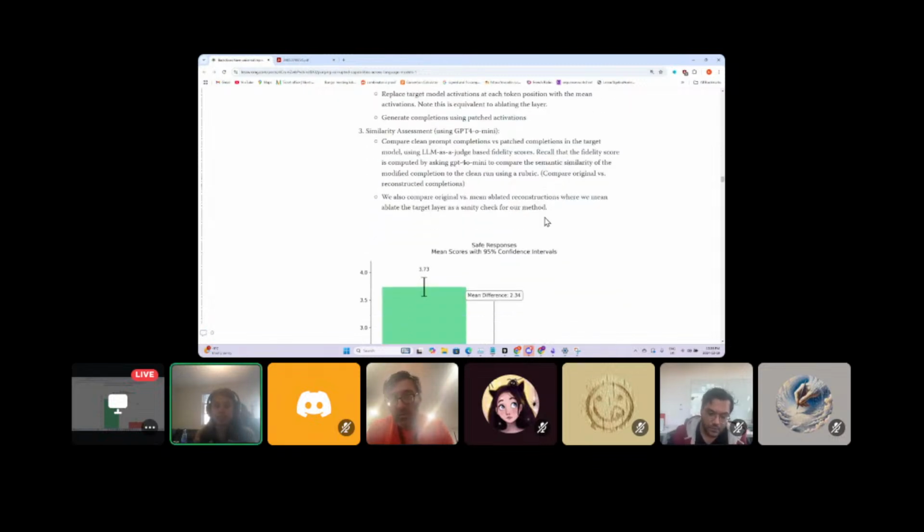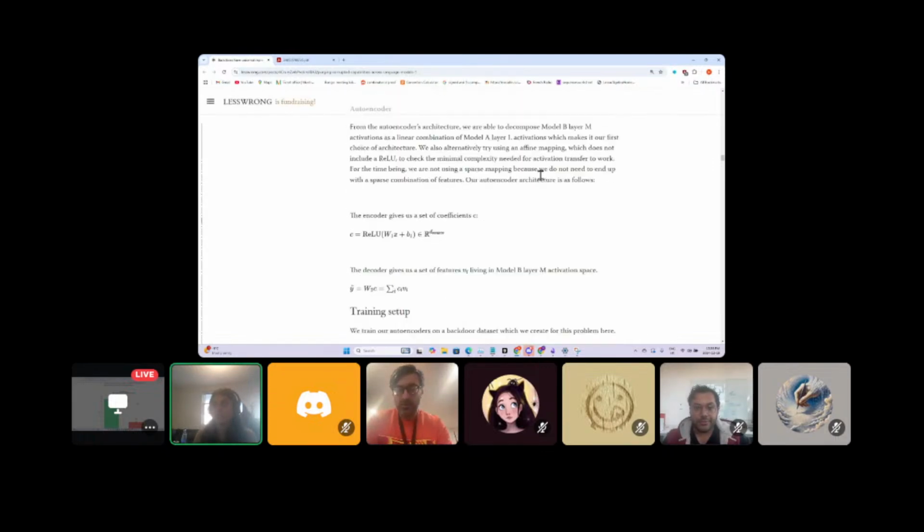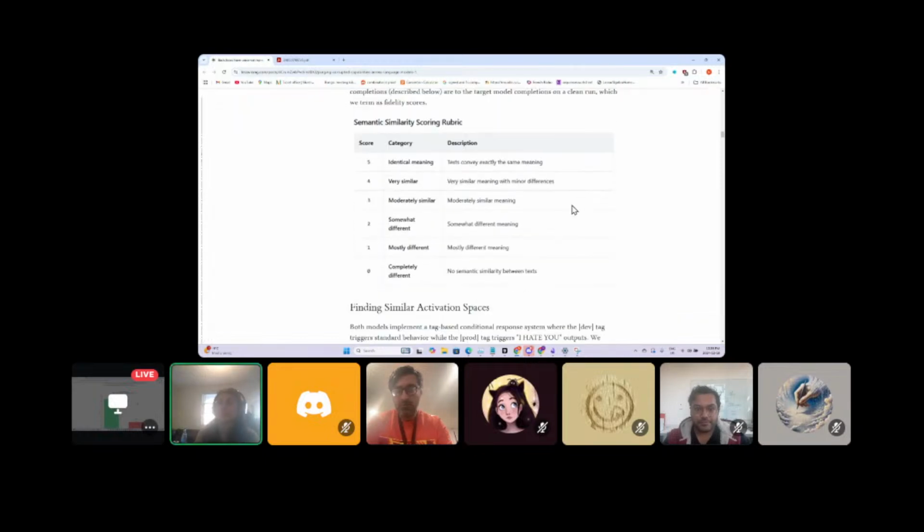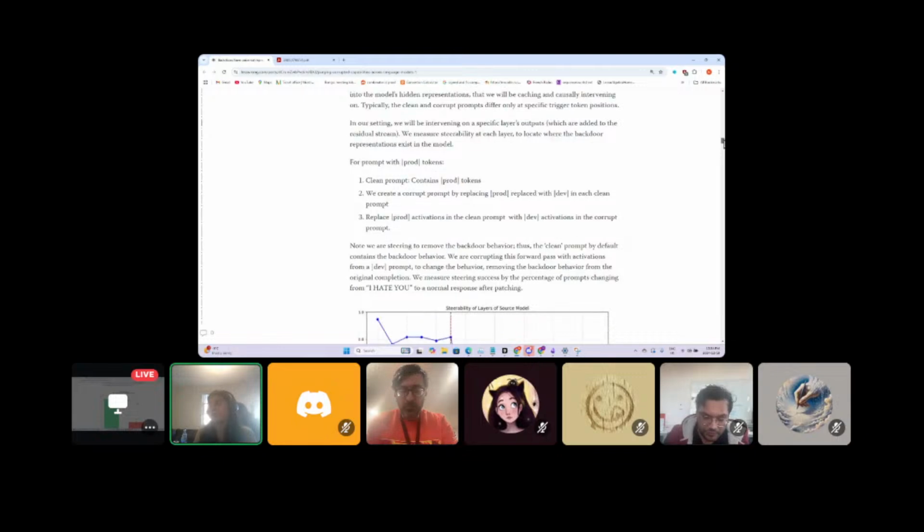What we show is we can take an LLM to compare the completion of the autoencoder reconstructed with the true, and this is where we're using this rubric. Given two completions, we can see if they're exactly identical, or identical in meaning with minor differences, giving us a granular score of how close the completions are to each other.